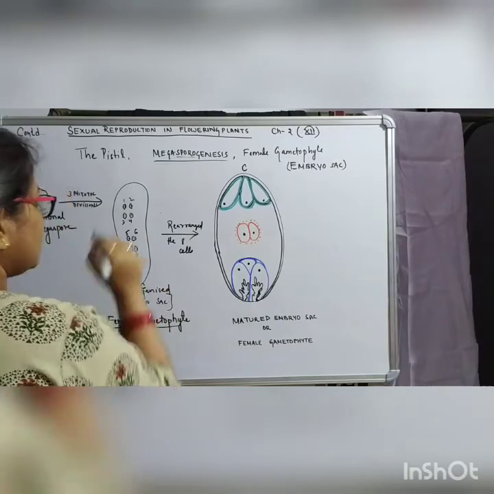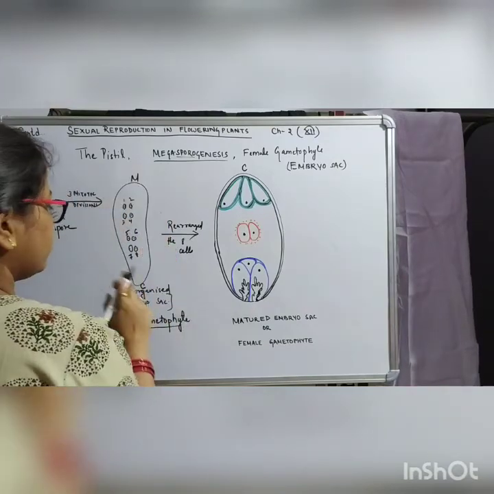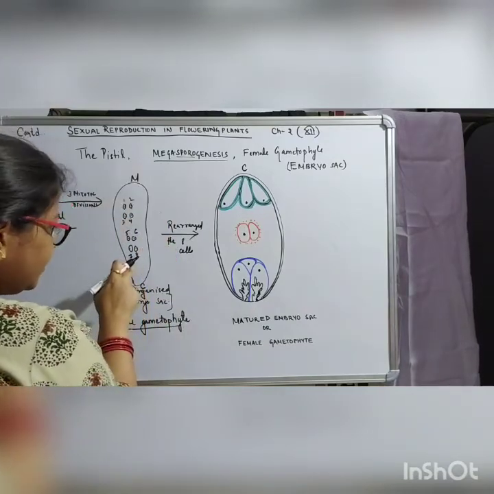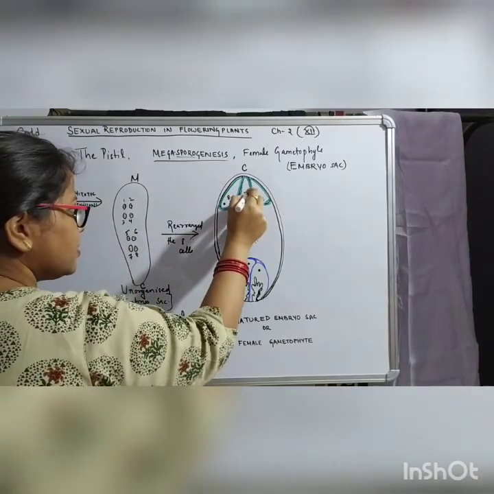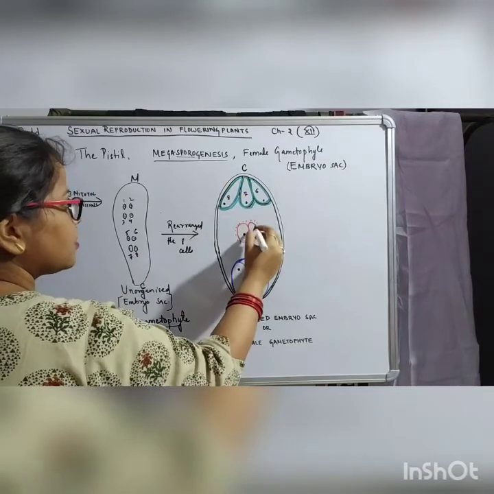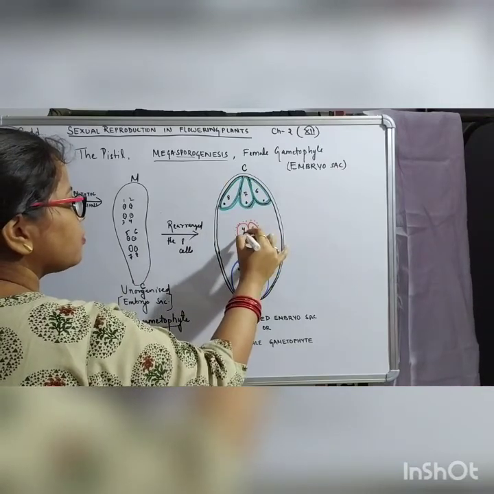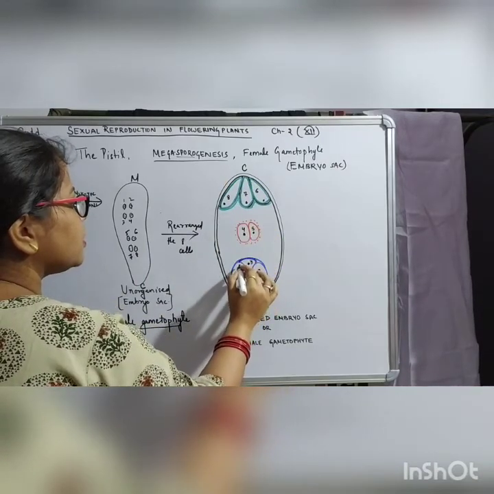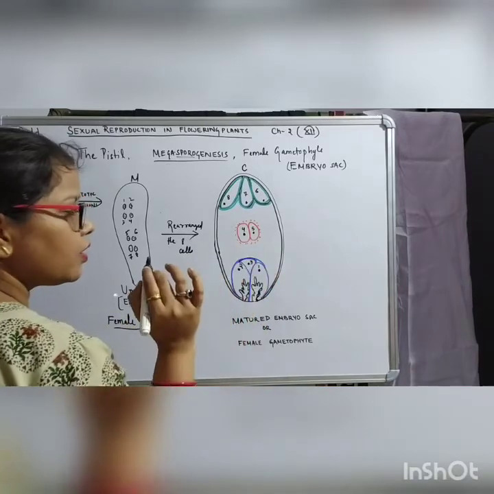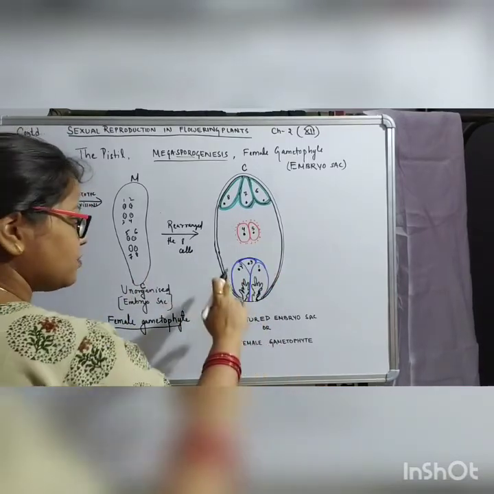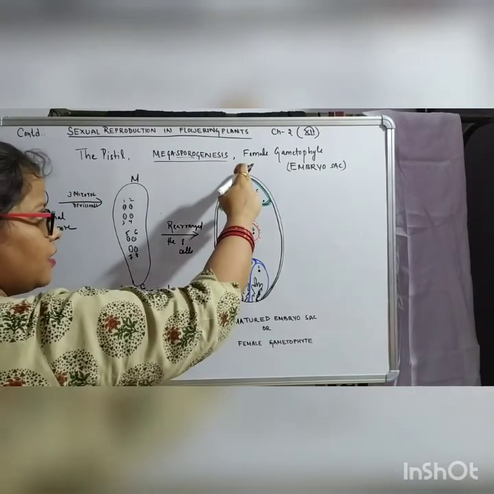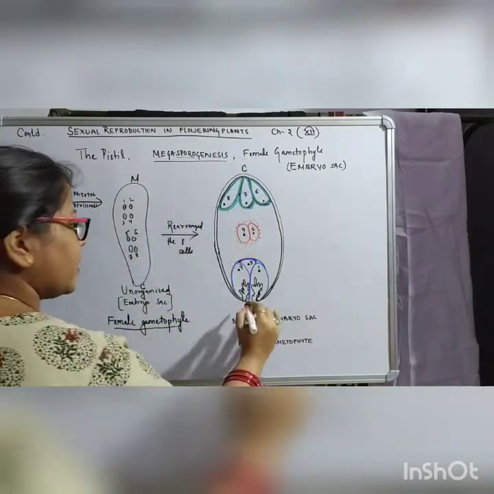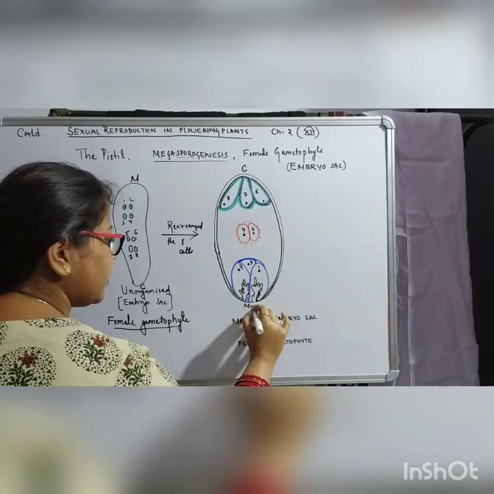So this is C. This is M. So we'll number the cells: 8, 7, 6, 5, 4, 3, 2, 1. So rearrangement of the cells has been done like this. So this was the chalazal end, I have mentioned it here. And this is your micropylar end.